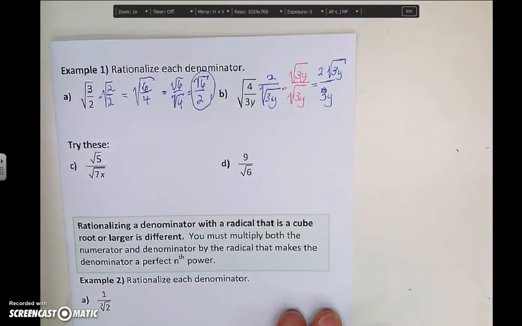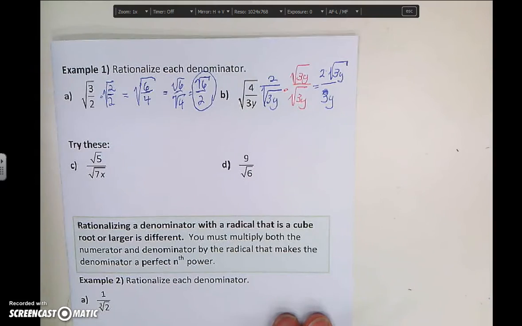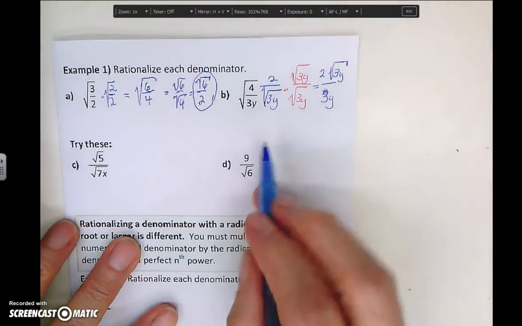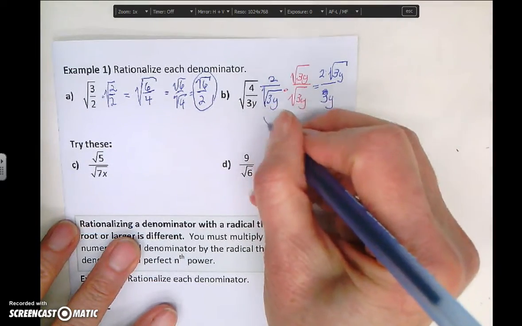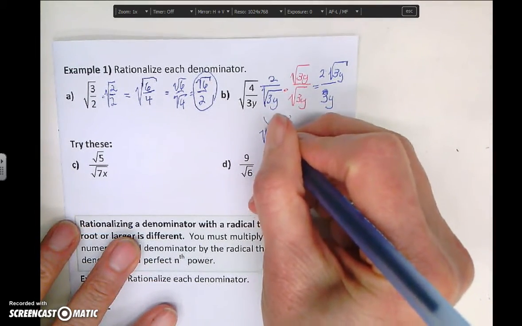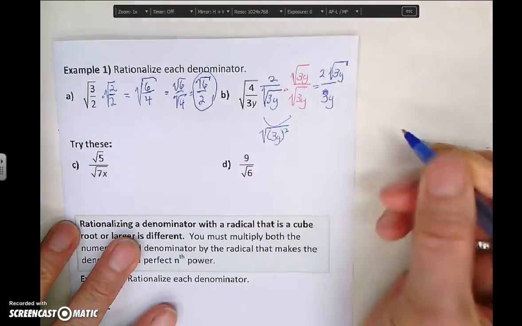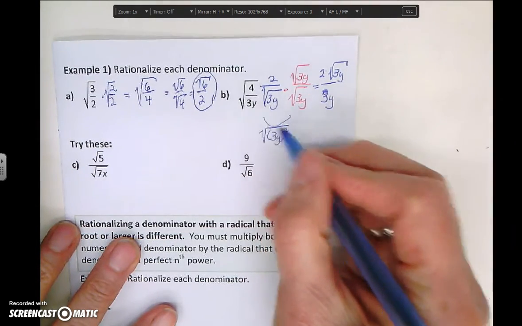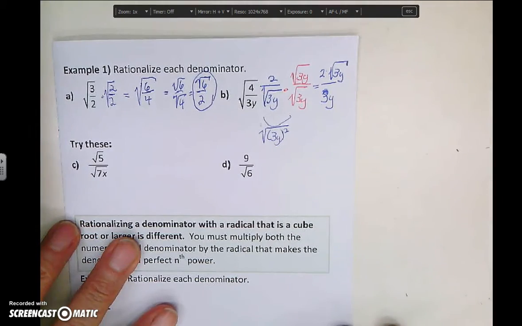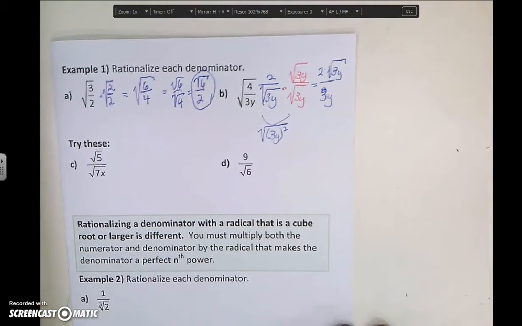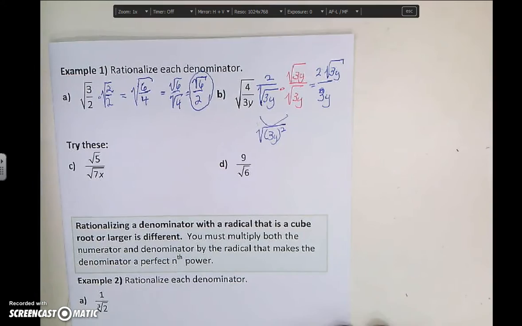So you've got to pay attention to if it's inside or outside the radical, and then think about what you're multiplying here. The in-between steps here would be that it looks like the square root of 3y squared. Anytime you take the square root of a square, you come back up to that. All right, so you try C and D. Let me stop the video.